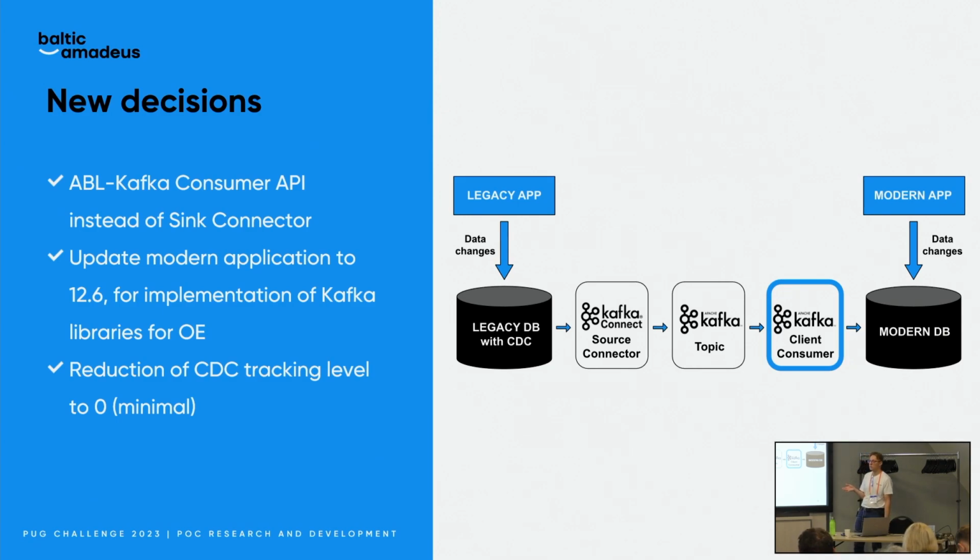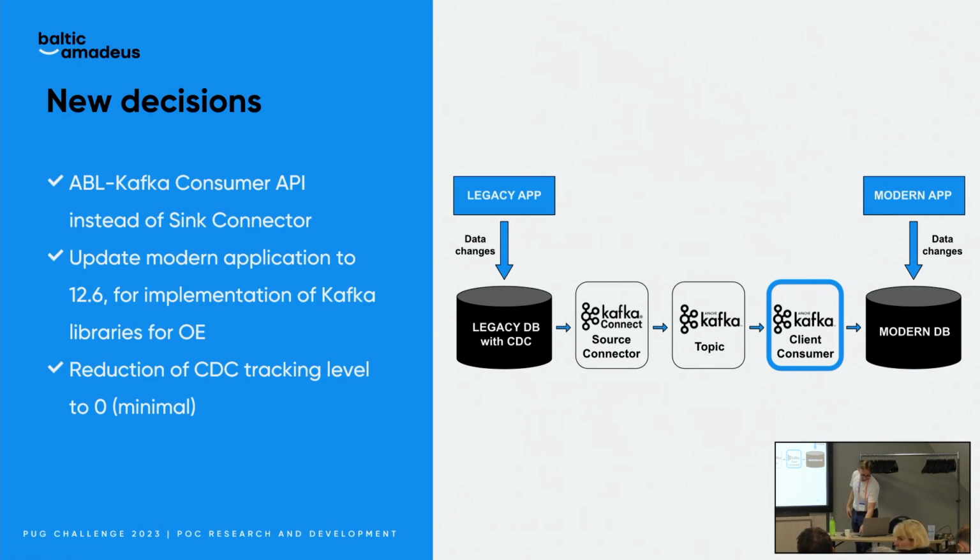So let's just say the first name has changed, it goes to the CDC, and we would just change the whole table for the target table, for the target database table, sorry. And we wouldn't care if only specific fields would change, as it was with the previous tracking level.